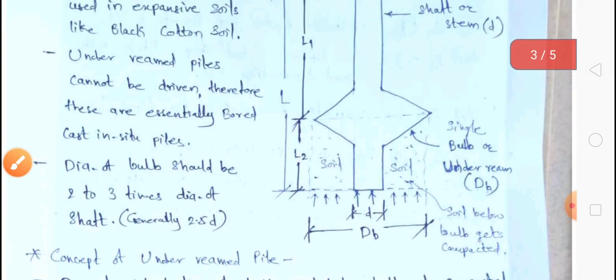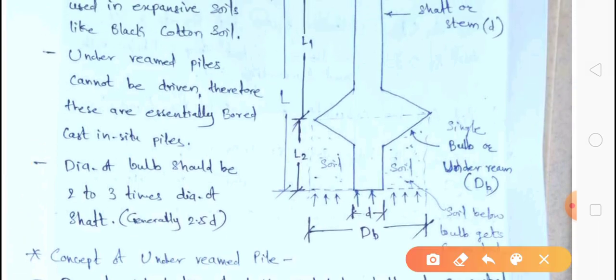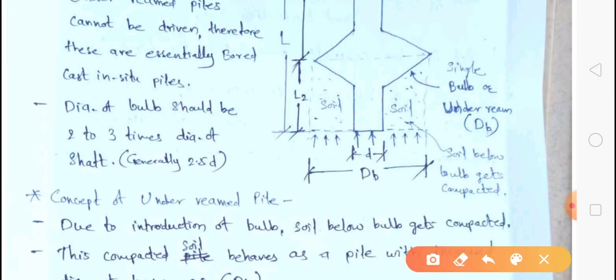Below this bulb there is soil. Due to provision of this bulb, this soil gets compacted, and this compacted soil behaves like a pile.